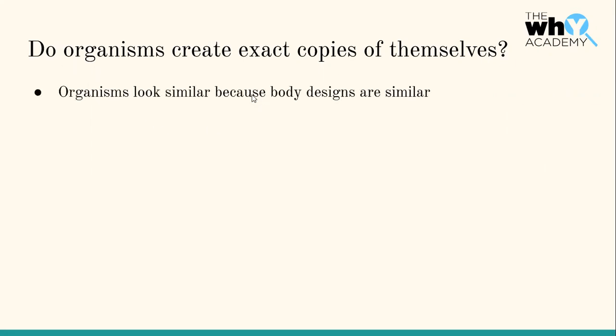They've asked you a question saying, do organisms create exact copies of themselves? What do you think? In asexual reproduction, they may create exact copies, but in sexual reproduction, there's always a variation. Correct. So basically, they will not always be creating exact copies of themselves, because of faults in DNA copying.